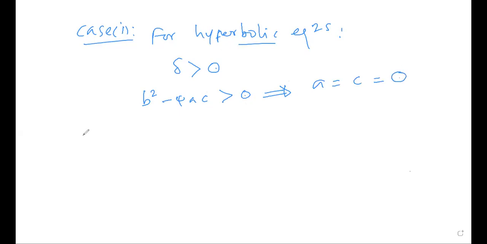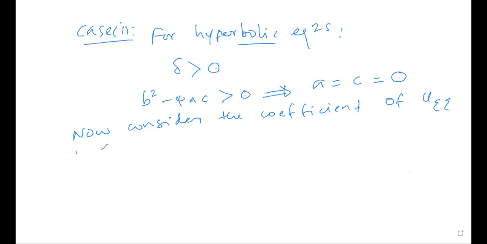Now consider the coefficient of u zeta zeta in equation number 8. In equation number 8 we have a u zeta zeta plus b u zeta eta plus c u eta eta is equal to 0.